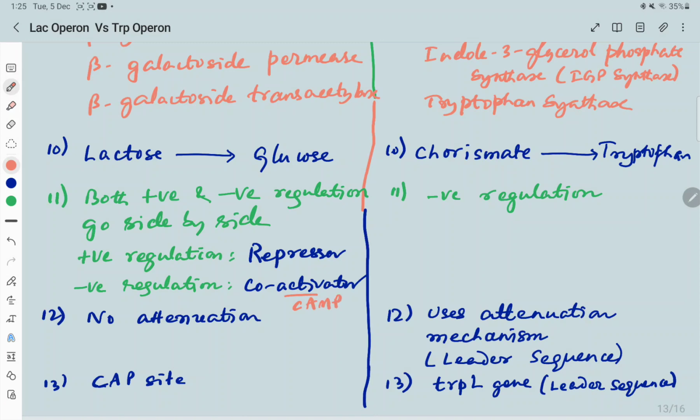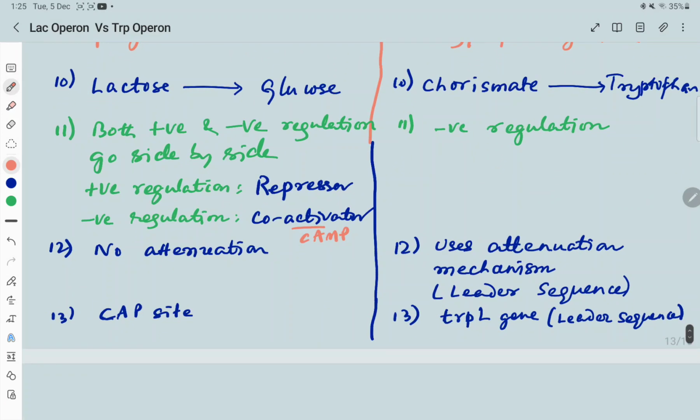And in TRP operon only negative regulation occurs, and it uses, in addition to the repressor protein, the attenuation mechanism, but there is no attenuation in case of lac operon. But there is a CAP site to which catabolite activator protein can bind in presence of cyclic AMP, that is the positive regulation.